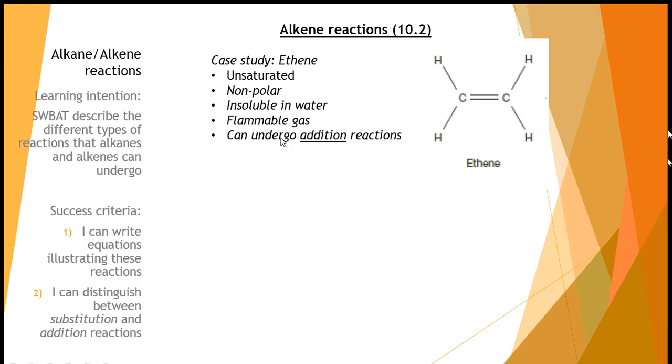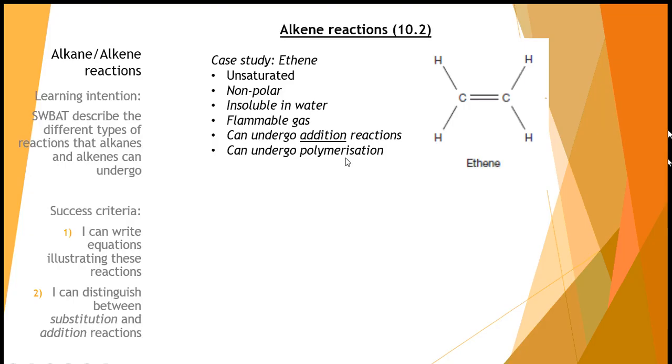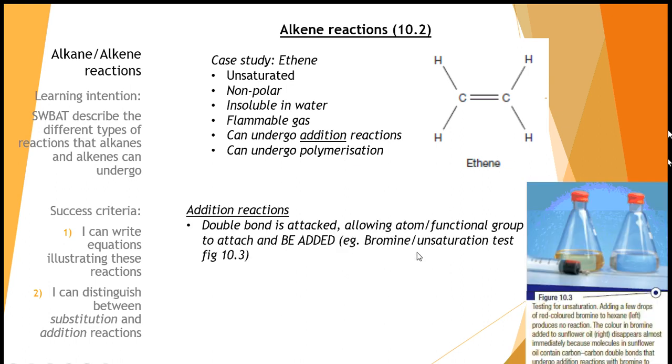There are 2 reactions that we're going to look at for alkenes. This is an addition reaction, not a substitution, an addition reaction, or a polymerization. So let's have a look. Addition reactions are the first type, and when the double bond is attacked, it allows an atom or a functional group to be added to that whole molecule.